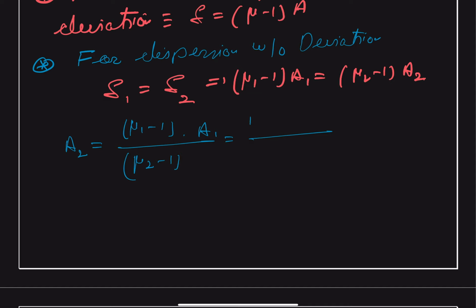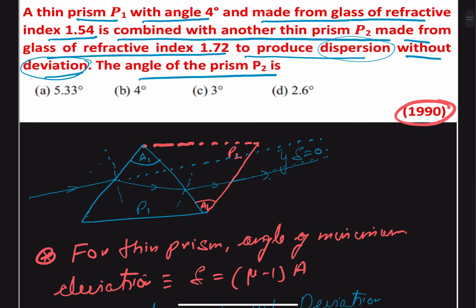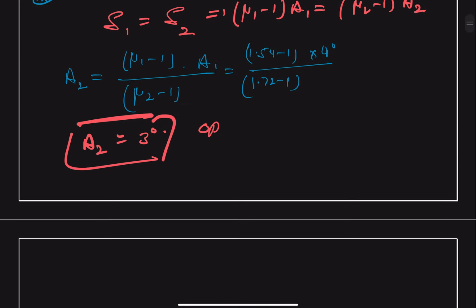We get 1.54 minus 1, and mu2 is given as 1.72 minus 1, and A1 is given as 4 degree. So we get that our A2 is approximately equal to 3 degree. So this was the angle of the prism P2, that is 3 degree. Option C is correct.